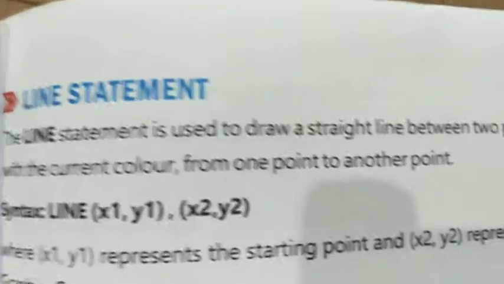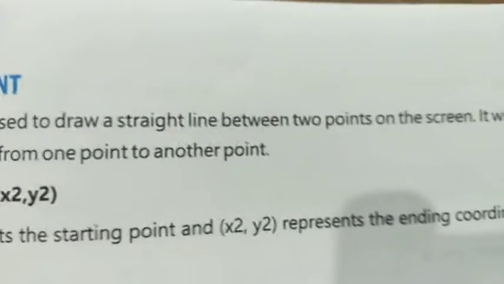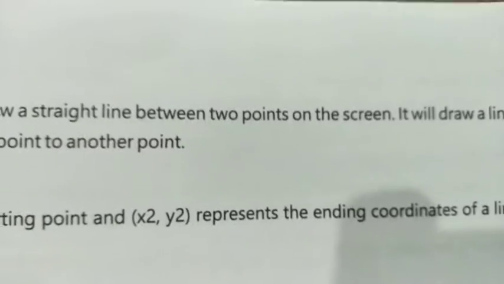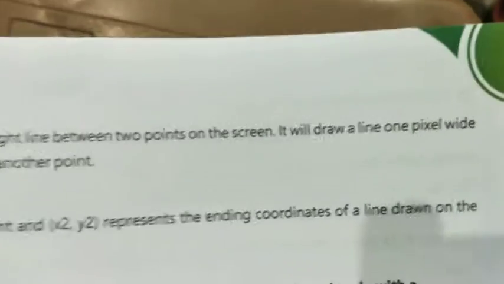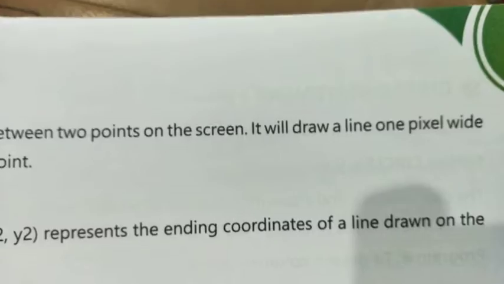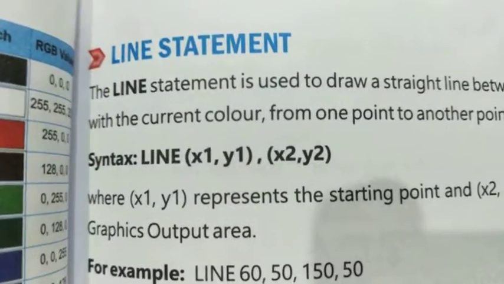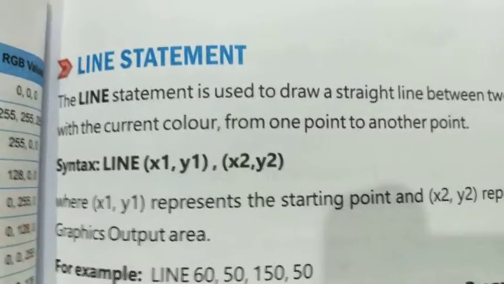The line statement is used to draw a straight line between 2 points on the screen. It will draw a line 1 pixel wide with the current color from one point to another.